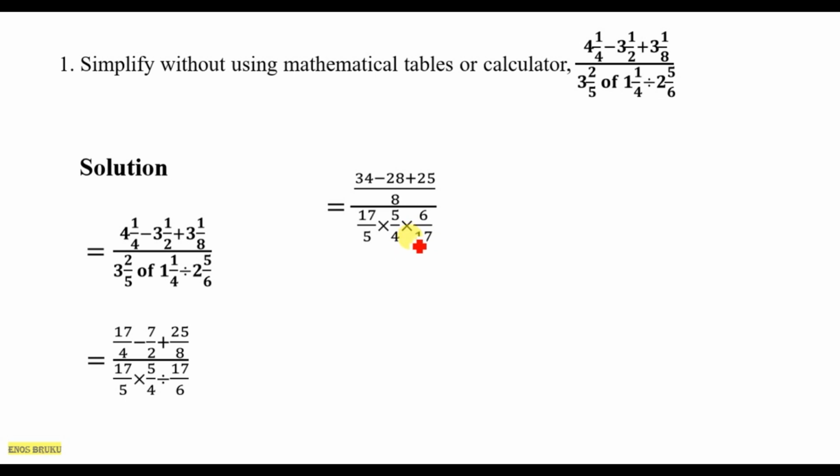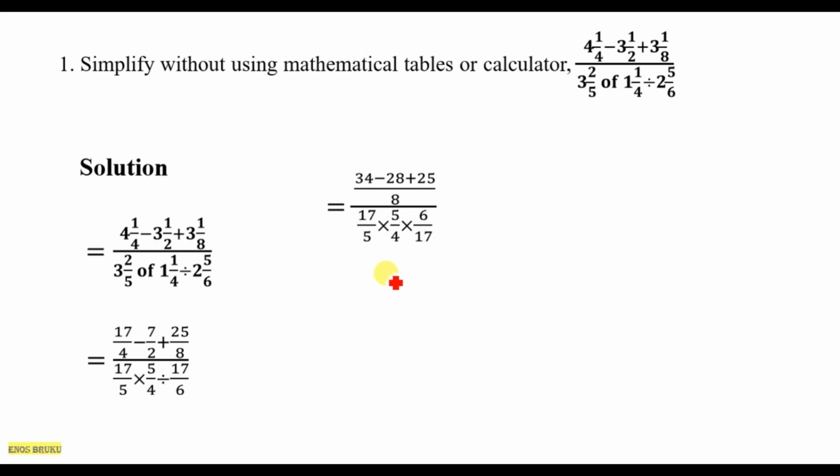Okay, if you have division and you don't change it into multiplication, then you cannot work or you cannot simplify. Is that okay? All right, so remember this: if you have multiplication or division, do not try to find the LCM.